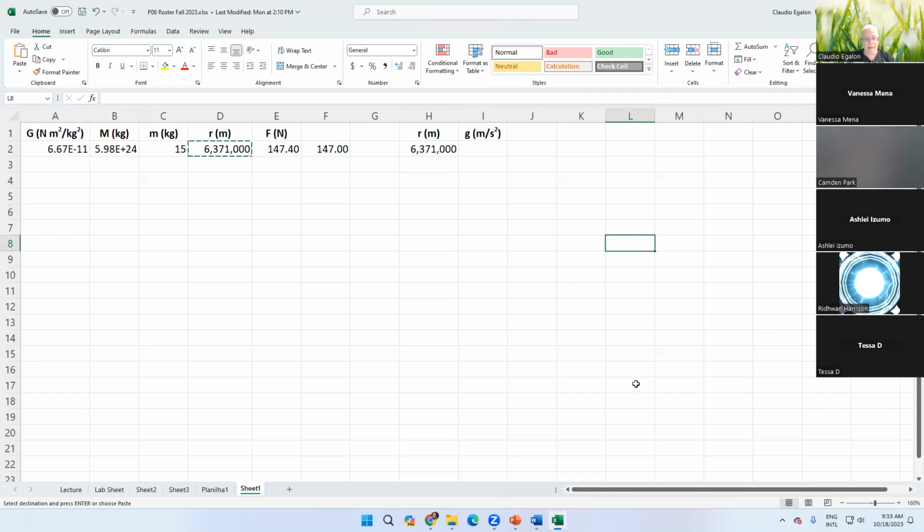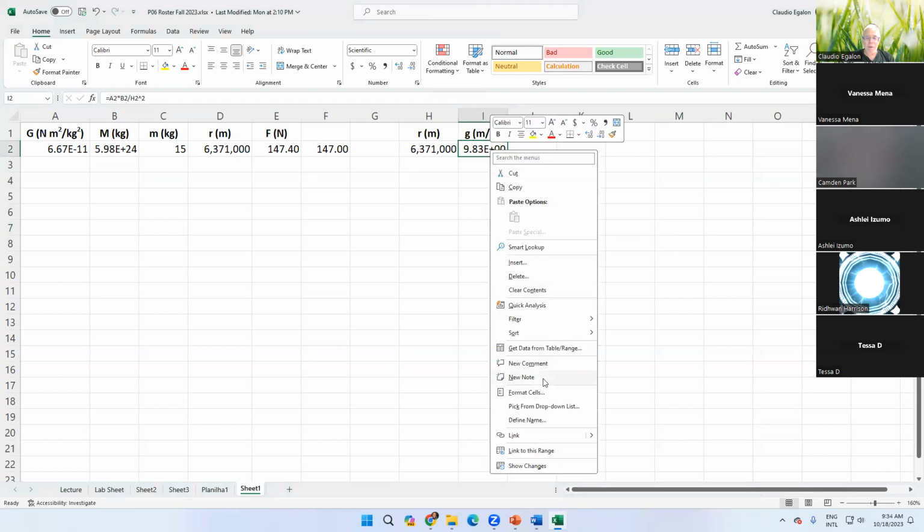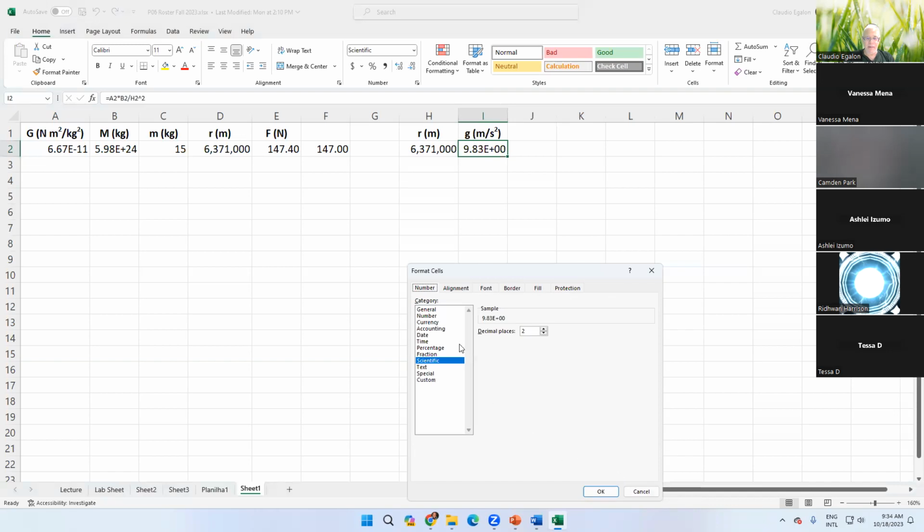Inside the Earth, inside the crust of the Earth, the equation is different, okay? And here we can write it down: big G times big M divided by R squared. And look what we get, 9.83 meters per second squared, which is the expected result for the acceleration of gravity.